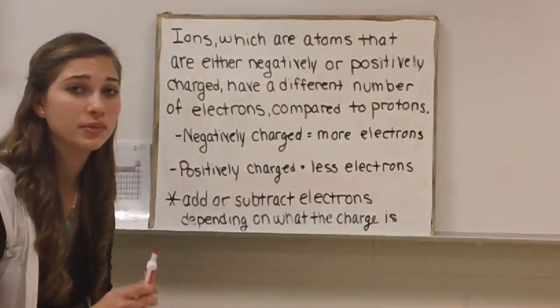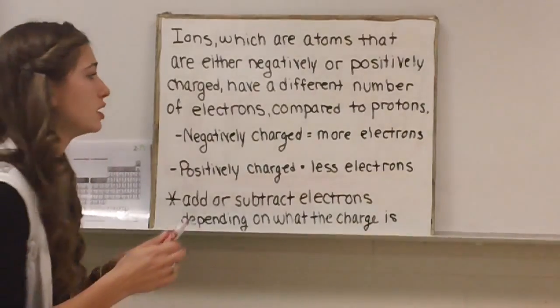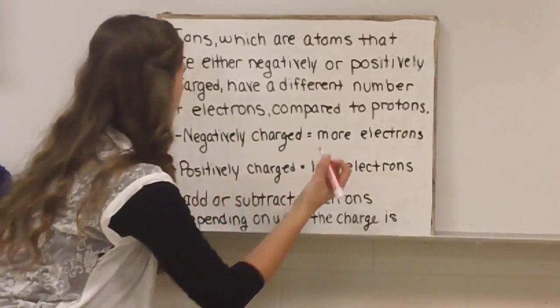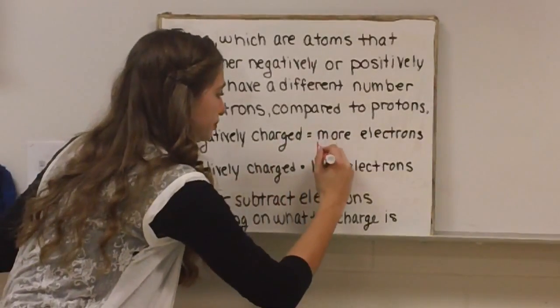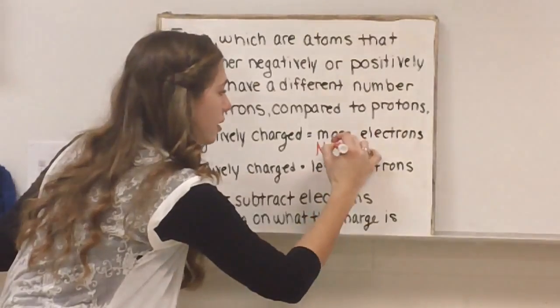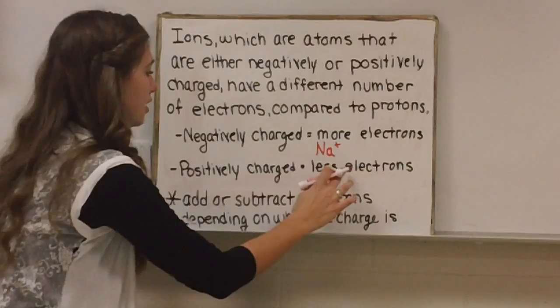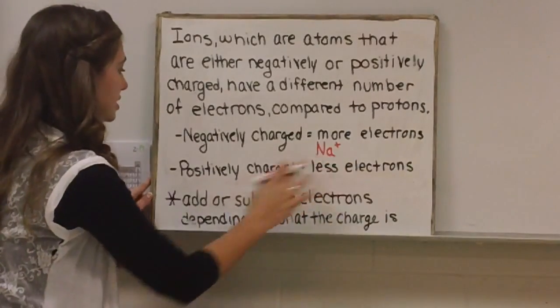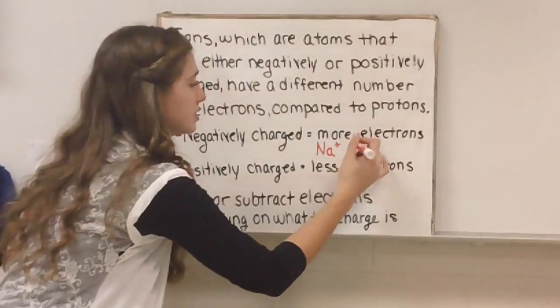But you have to be careful because you're only looking at the value of the positive or negative. So sometimes, say if we had sodium, we can have +1. Since it's positively charged, that means that there's one less electron.